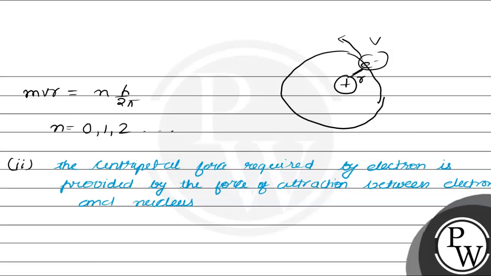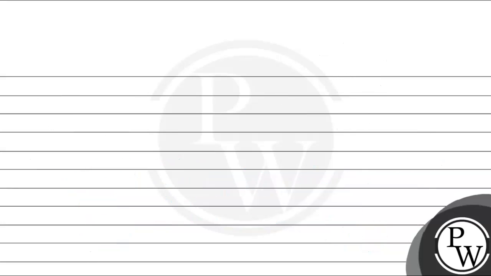So we can write the force between nucleus and electron as k q1 q2 upon r square. This must be equal to F centripetal force, that is for revolving in circular motion. This electron is moving with velocity v, and this is the nucleus. So the force which the nucleus applies on the electron provides the centripetal force for the electron to complete circular motion.